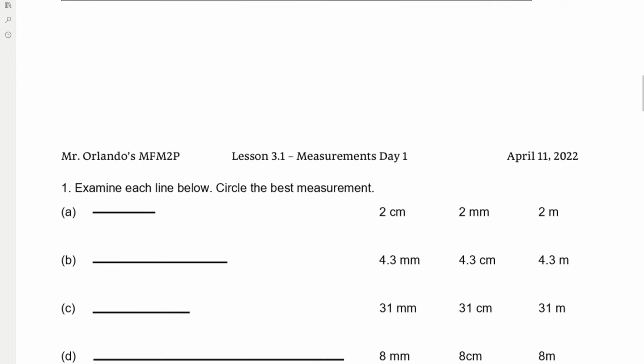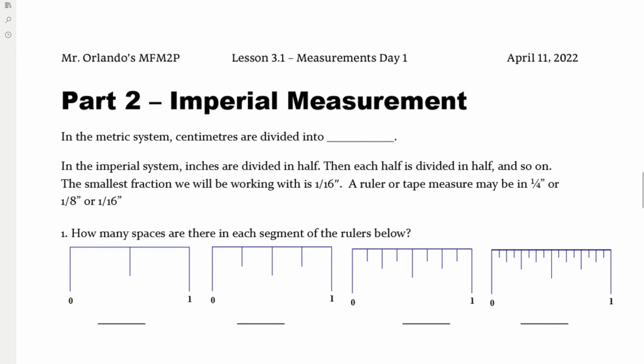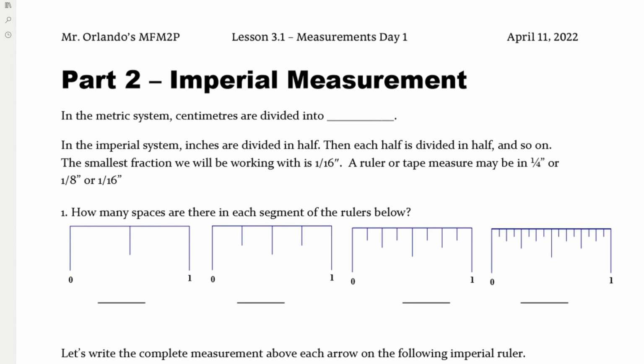But the thing today that might be a little bit tricky for you, something you may or may not have a lot of practice with, is measuring with imperial measurement. In the metric system, centimeters are divided into 10, and as a result, we're talking decimals.